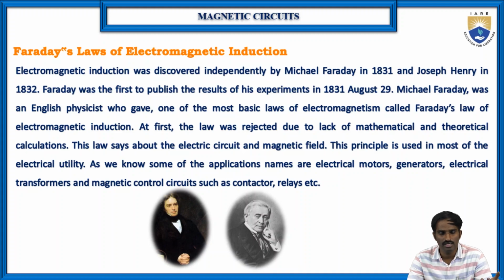Electromagnetic induction was discovered independently by two scientists: Michael Faraday in 1831 and Joseph Henry in 1832. But Faraday was the first to publish the results of his experiments, on August 29. He was an English physicist who gave one of the most basic laws of electromagnetism.